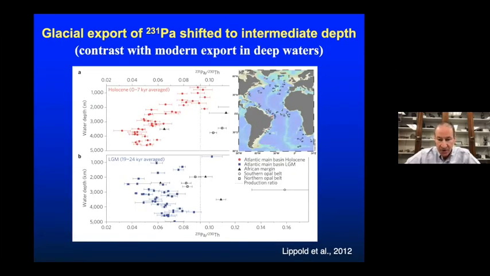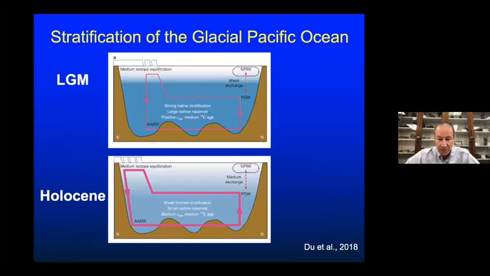Here's yet another proxy that I won't go into, but it's telling that same story. And here is that view from the Pacific based on neodymium isotopes that suggest a more stratified Pacific Ocean. Very vigorous overturning in the Holocene and much weaker in the glacial.